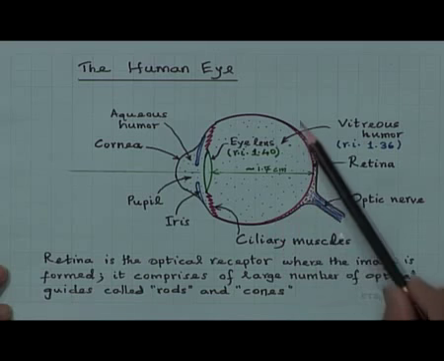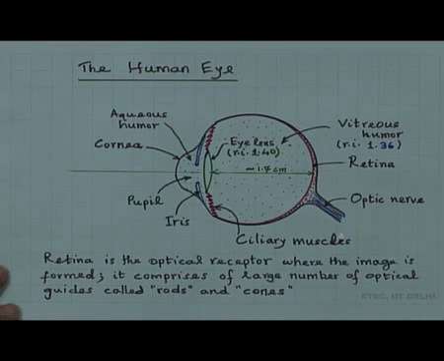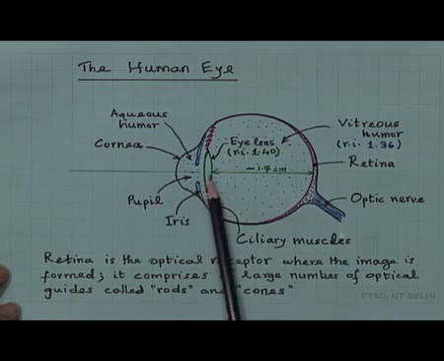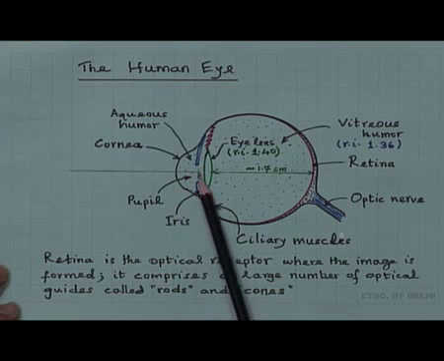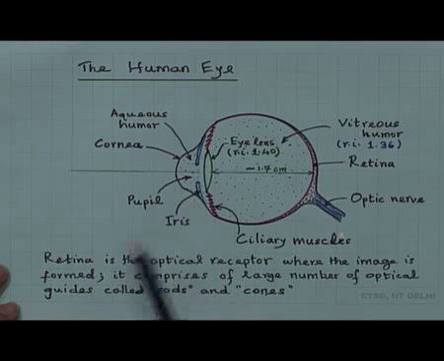This is the light receptor which acts like the image sensor, and here is the eye lens, the most important lens, and what is shown here is the iris. The iris is a diaphragm or a membrane with a hole, and the hole size can be adjusted.